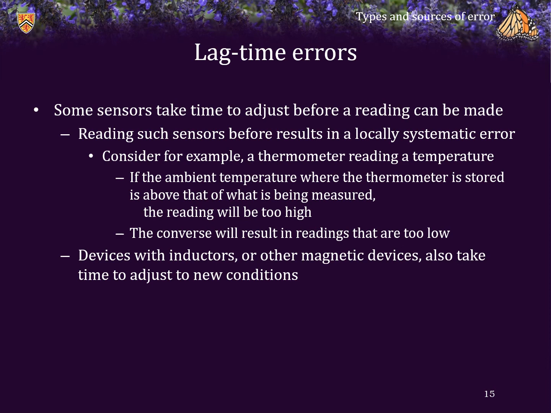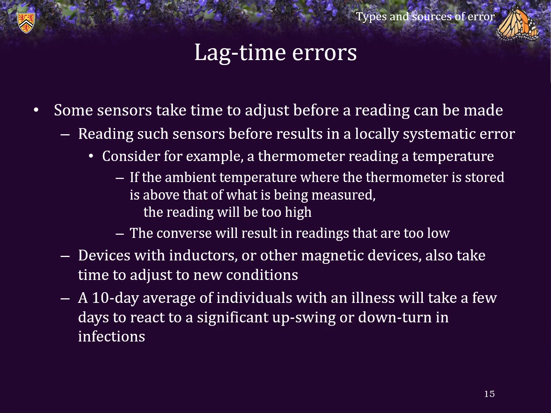Devices with inductors or anything else that relies on magnets or the magnetic force also will often take time to adjust to new conditions, or even gyroscopes. Also, consider a 10-day average of individuals with an illness. Again, there are good reasons for taking 10-day averages, as this eliminates white noise, day-to-day noise.